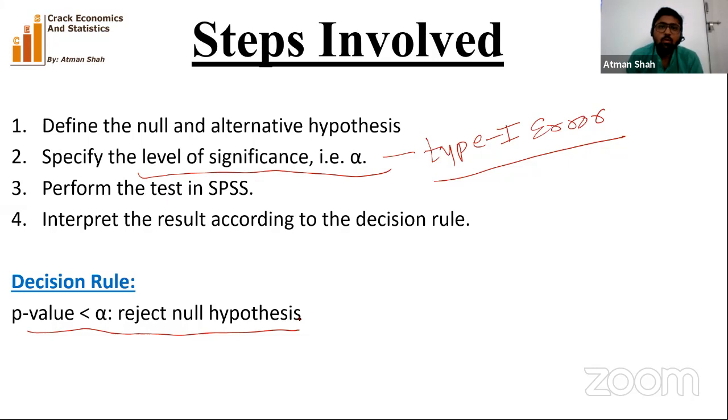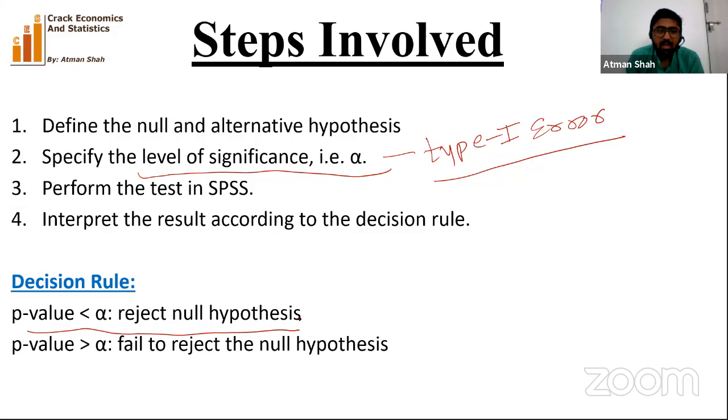And if p-value is greater than alpha, we fail to reject the null hypothesis. The decision rule is very important because we interpret the result based on the rejection or non-rejection of the null hypothesis.